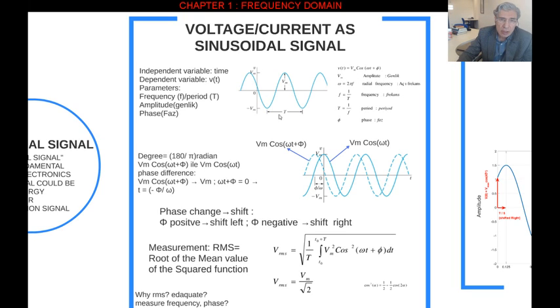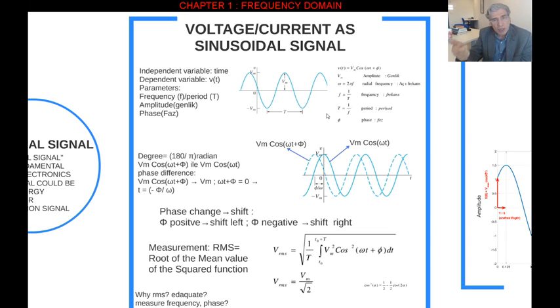When you look at that signal, we can see that part of this signal is repeated. The shape of our function is repeated for every T period of time. That's why we call this a periodic signal.